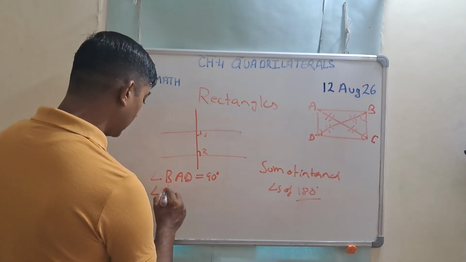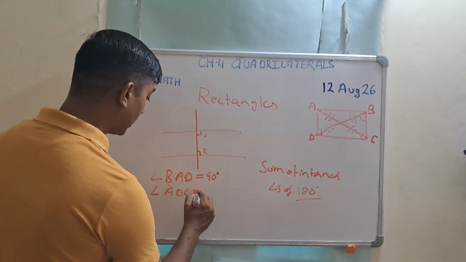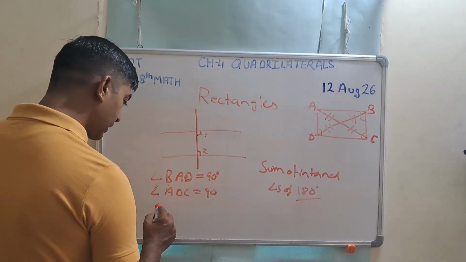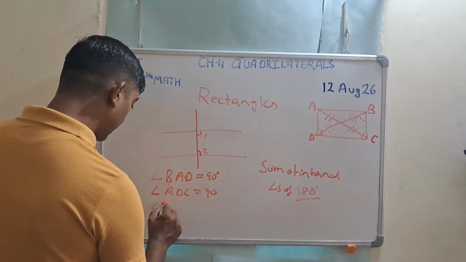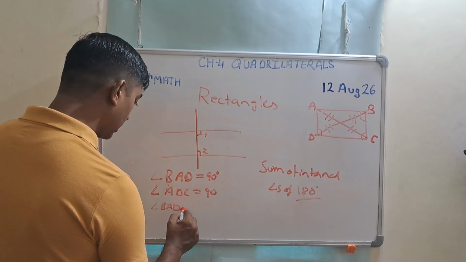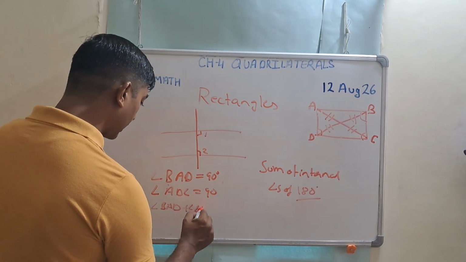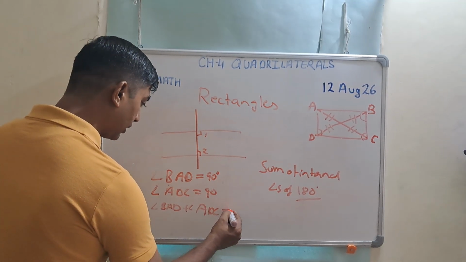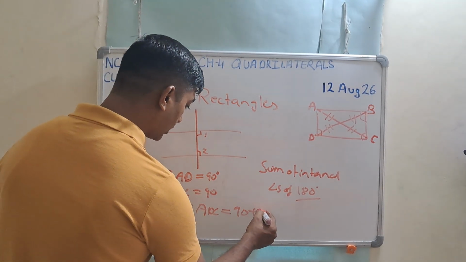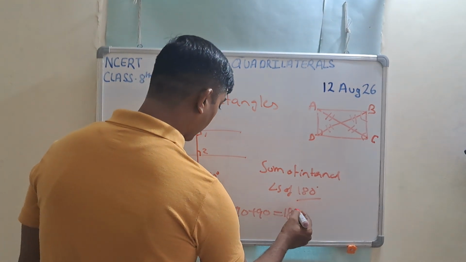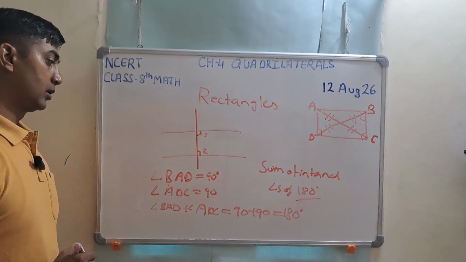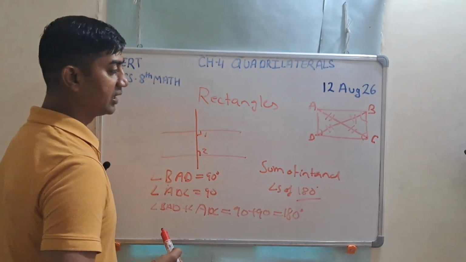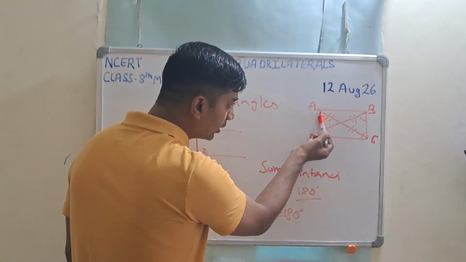And angle ADC is 90 degrees. Now these two angles are 90 degrees and their sum, angle BAD plus angle ADC, equals 90 plus 90, that is 180 degrees.